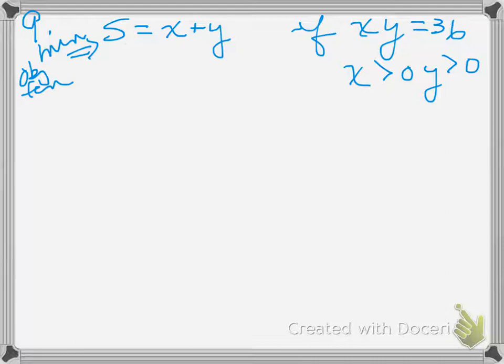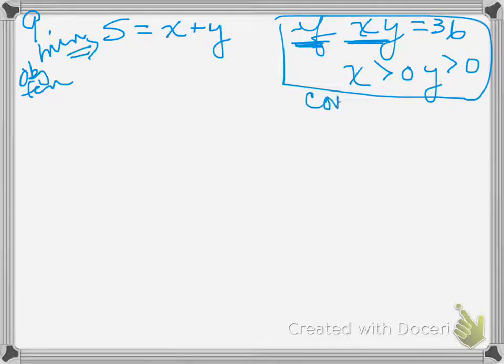Okay, and then it says if xy equals 36. So that tells me that is my constraint. Really, because of the positive feature, all of these things are my constraints. I'm not going to explicitly put in the constraints that x is greater than 0 or y is greater than 0, but I'm going to remember that as I go to minimize this.